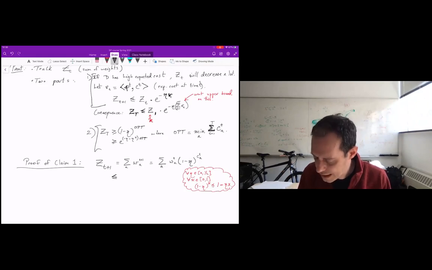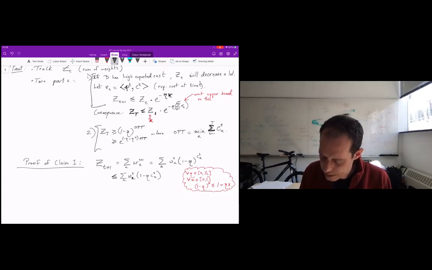All right, so just plugging that in, we get the sum over A of the weight at time t times (1 minus eta c_t^A). And now we can add things up.